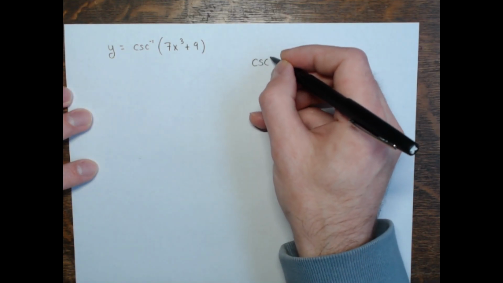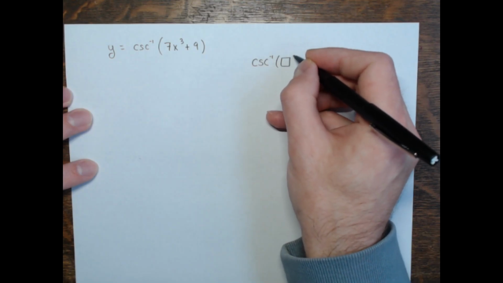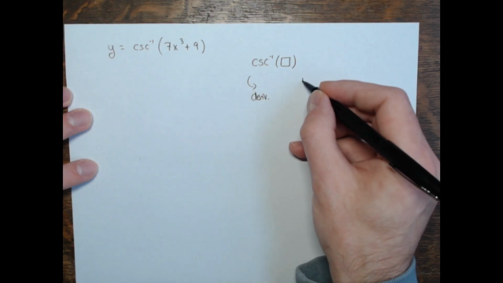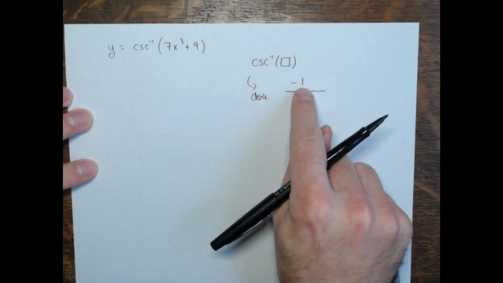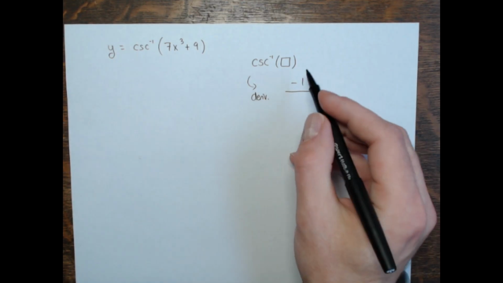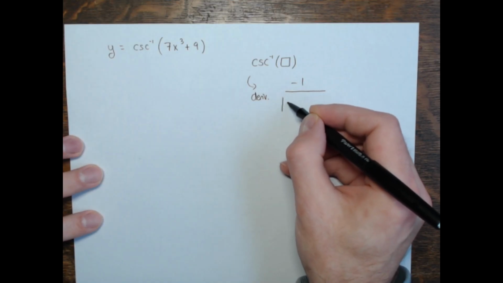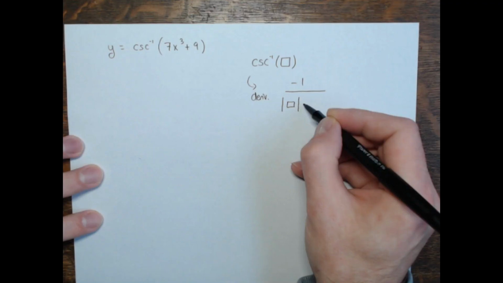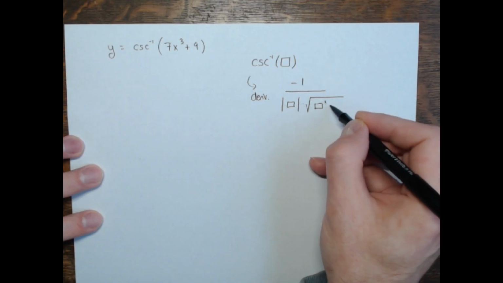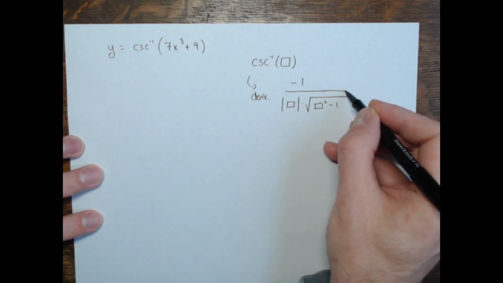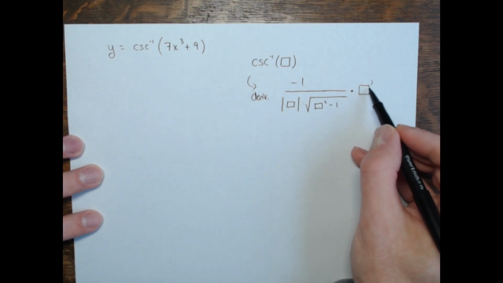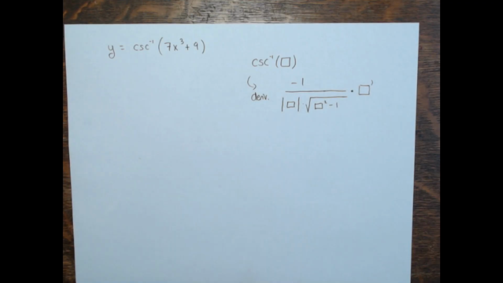So once again, you see the inverse cosecant of something. When I go to take the derivative, it's going to be the opposite of what inverse secant was: negative 1 over the absolute value of that expression times the square root of that expression squared minus 1. Then after all that, times the derivative of the expression inside.